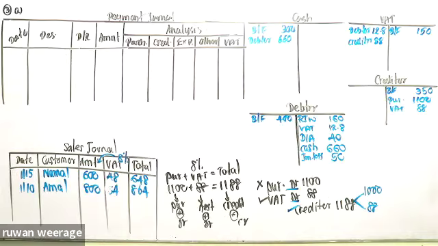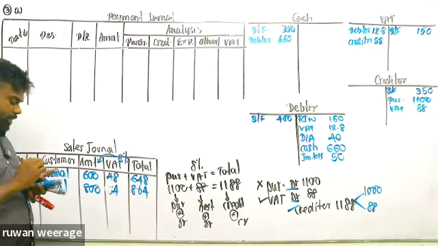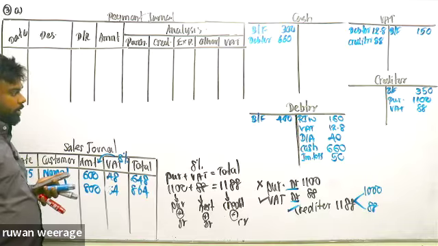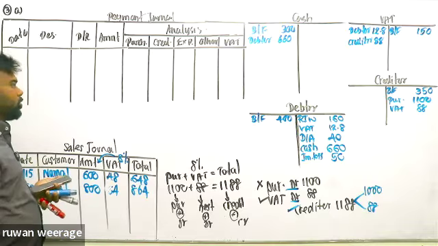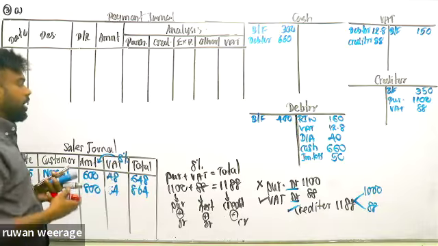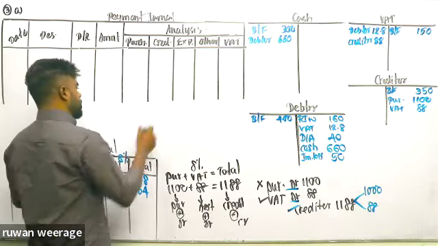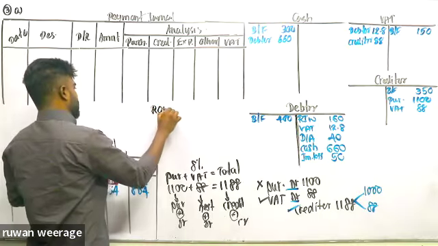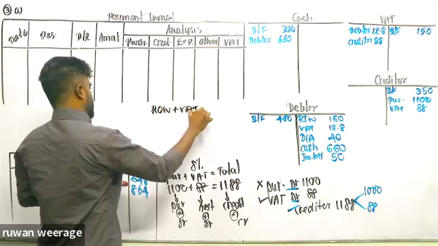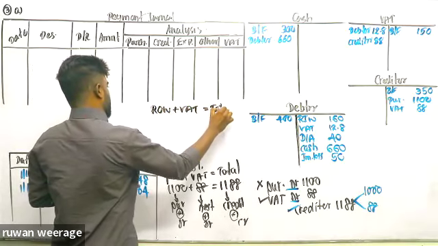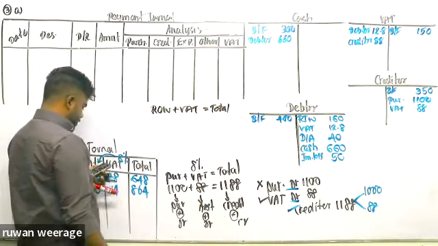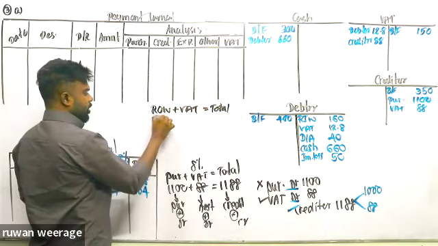Okay, then. Next item, return outward. The return outward also, there's no return outward journal. Prepare the return outward double entry. Right? How much? 150.